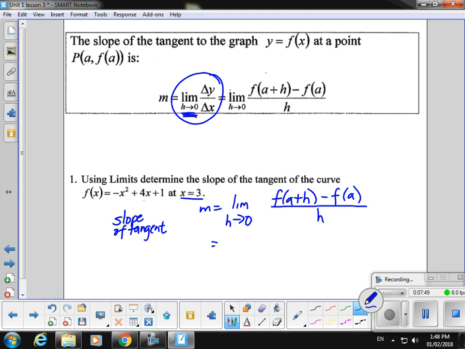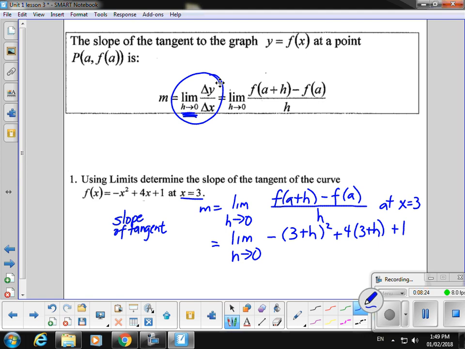Here we go. The limit as h approaches 0 for this specific function is, at x equals 3. My function was negative 3 plus h squared plus 4, 3 plus h plus 1.